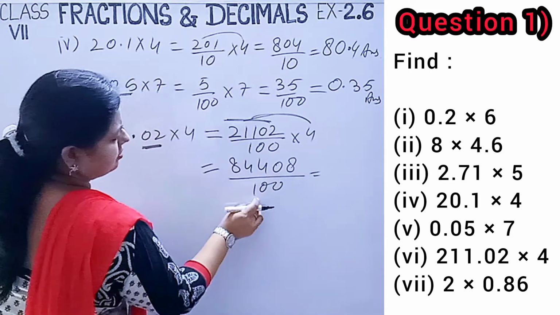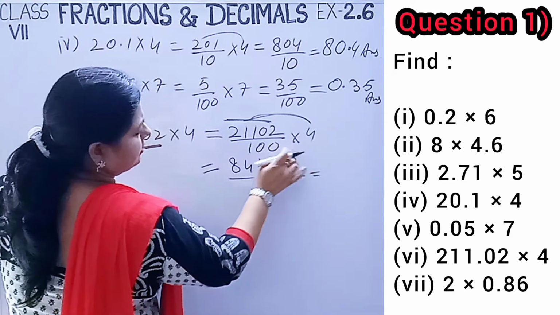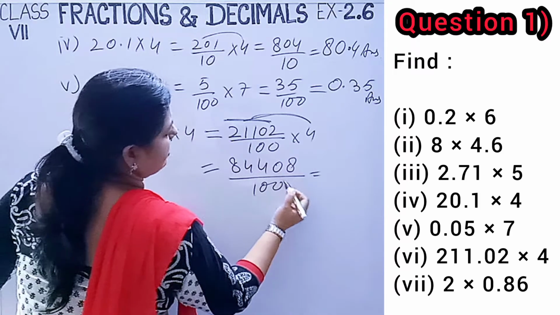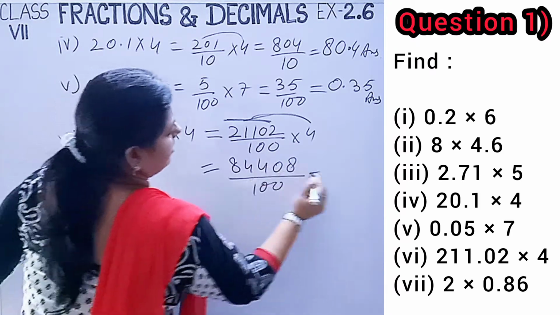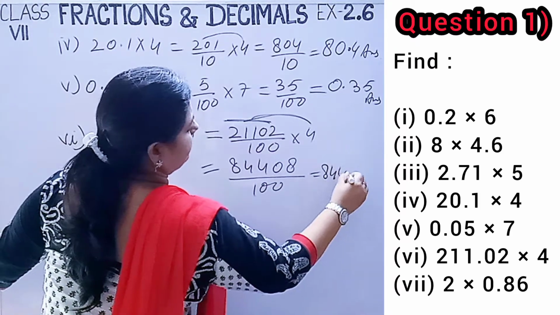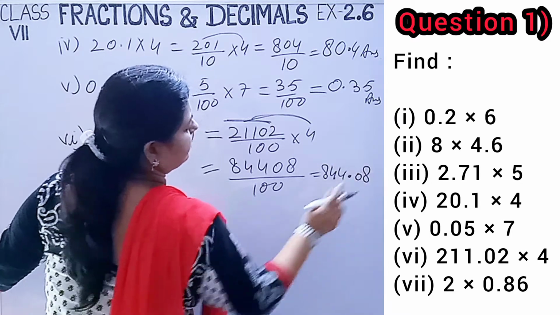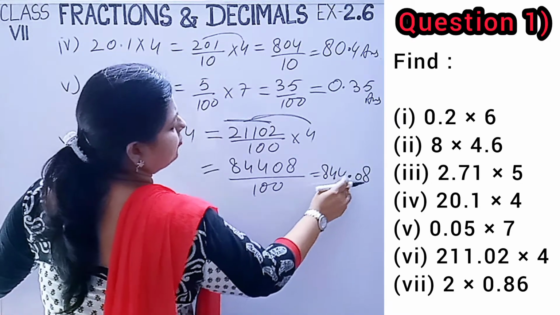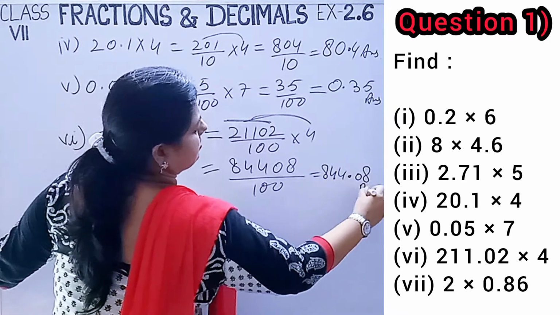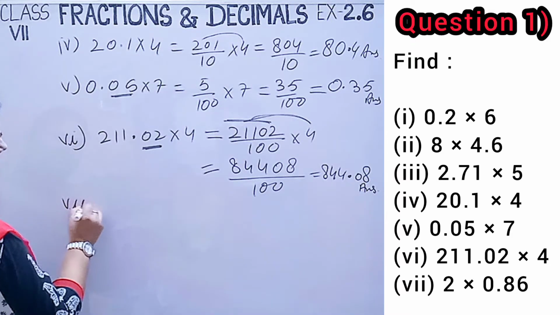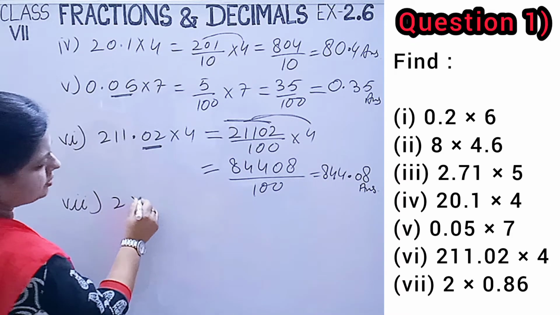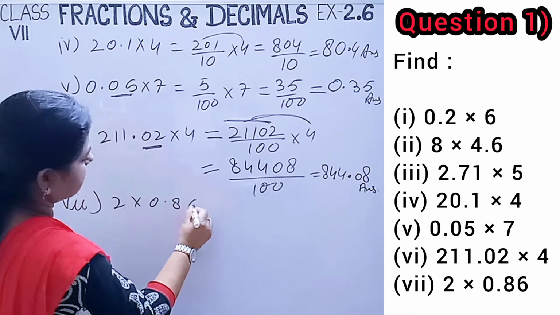So we have to count 2 digits from right to left. It means our decimal will come here. 844.08 answer.